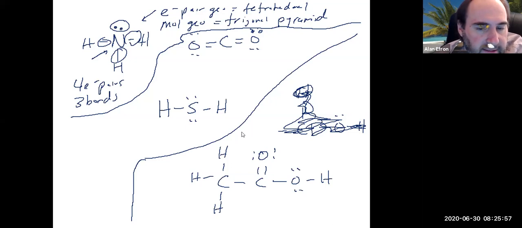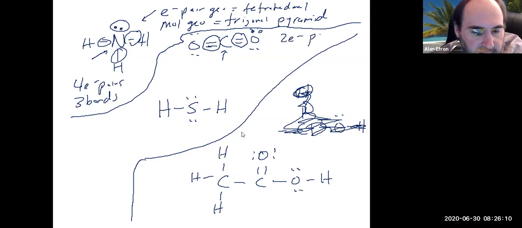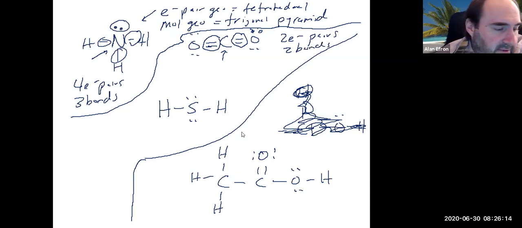All right, looking at the central atom here, it has 1 electron pair and 2 electron pairs. Remember that double bonds count as only 1, so 2 electron pairs. It also has 2 bonds, which are the same ones that are circled.